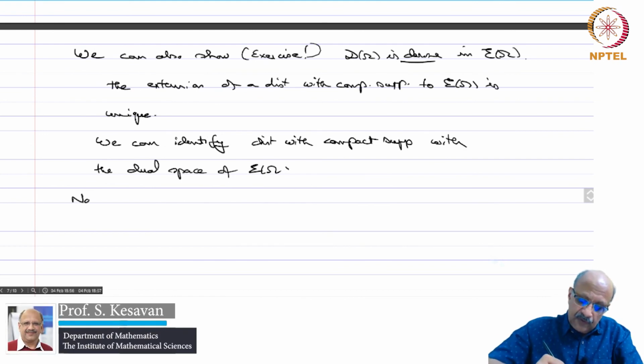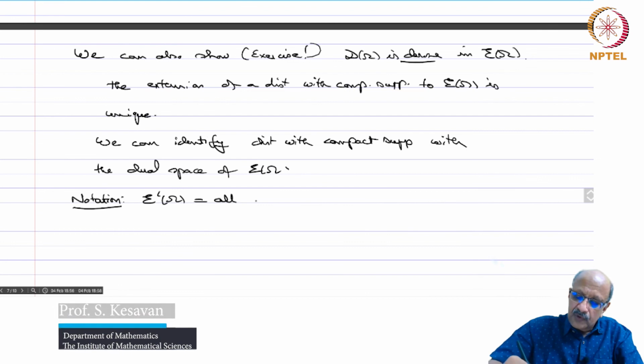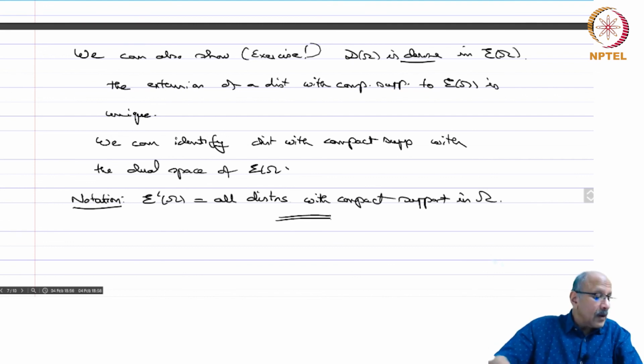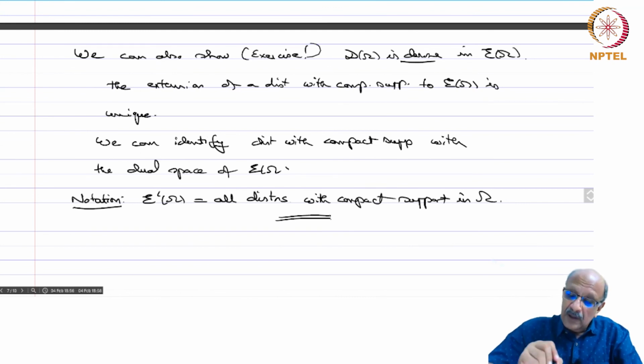So we have the following notation: E prime of omega equals all distributions with compact support. Okay, so we will look at some other properties of distributions with compact support subsequently.